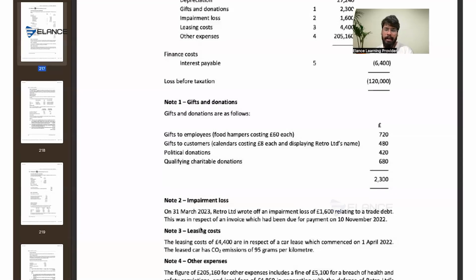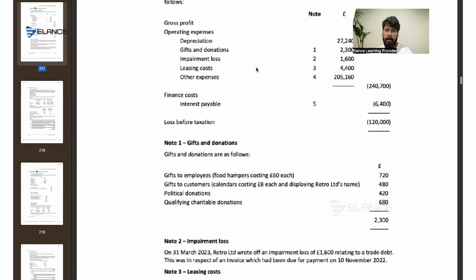So is it deductible or not? It is deductible, right? Because normally impairment losses, irrecoverable debts, are allowable expenditure. We can deduct, and here the impairment loss is already deducted in the profit or loss account. So we don't need to make any further adjustments. We only need to put a 0.